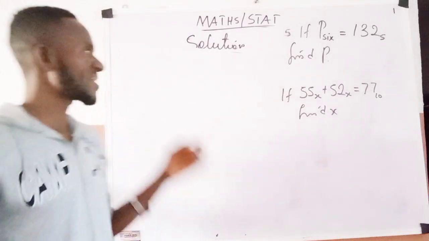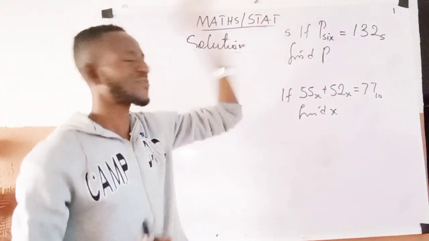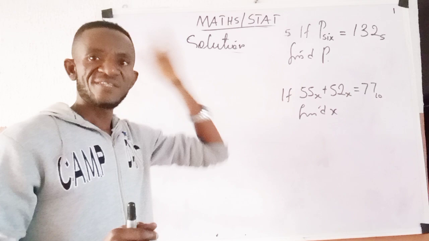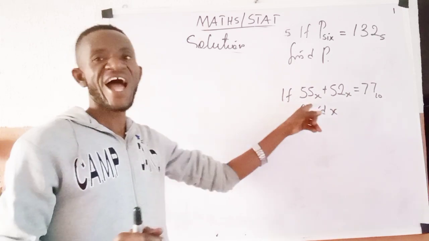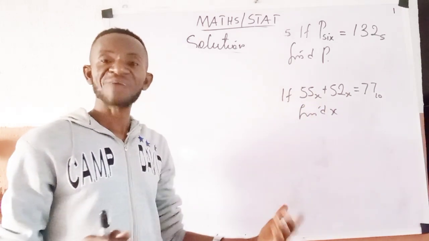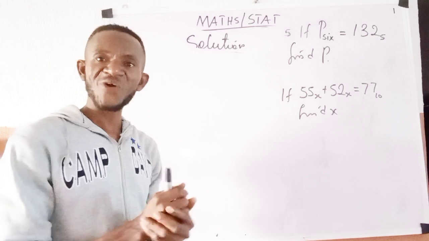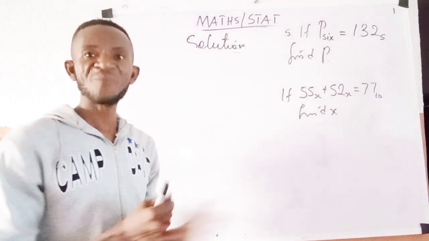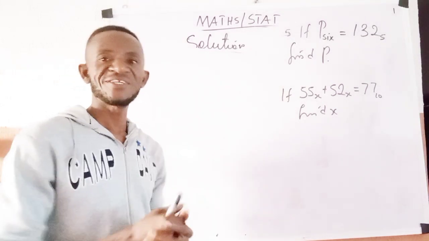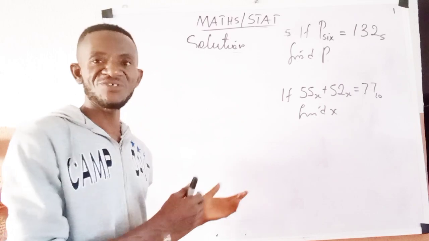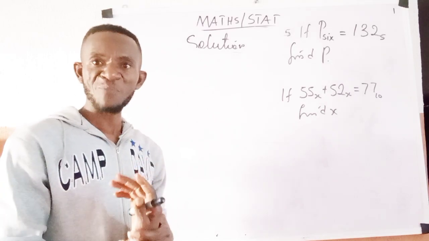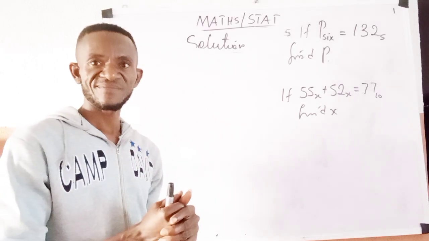I think I need to solve this particular one, then ask you to try out this one and perhaps give the value of your x in the comment section. Let us see whether you understood the class that we brought your way this morning.